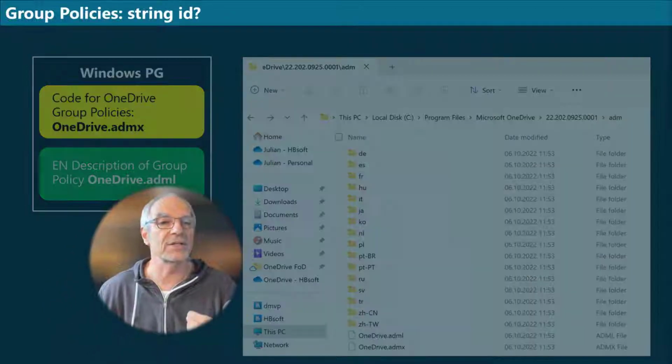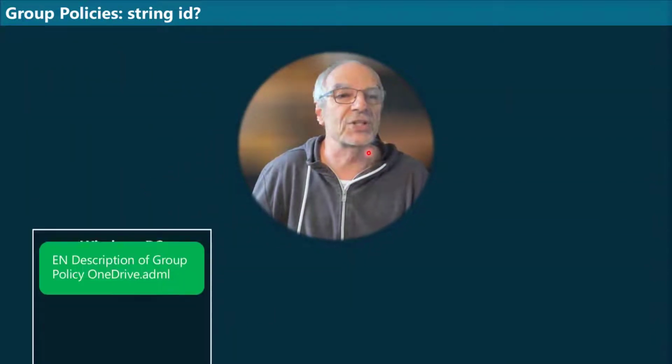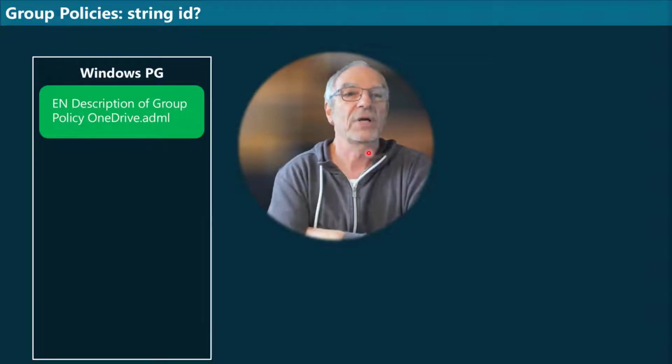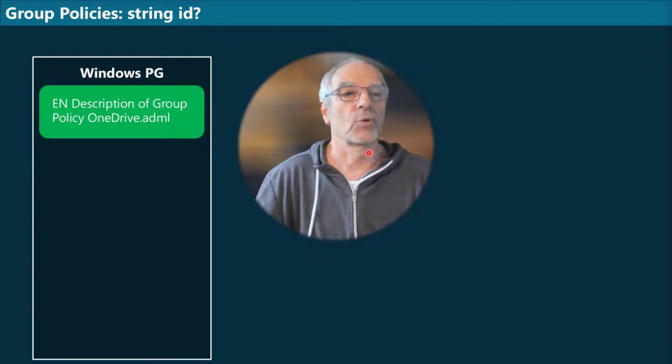The next thing is we have to look a little bit more in detail. Normally the Windows product group will have to do that for the people. They build the OneDrive ADMX file.